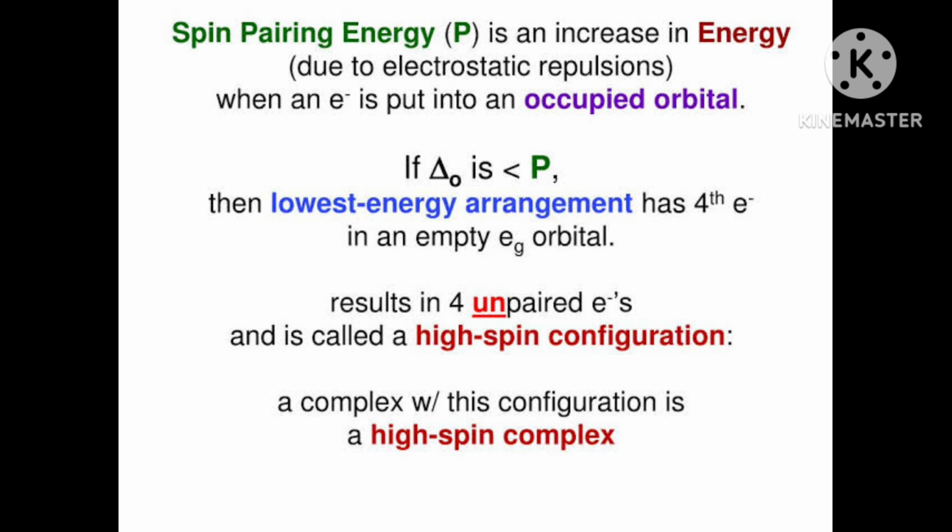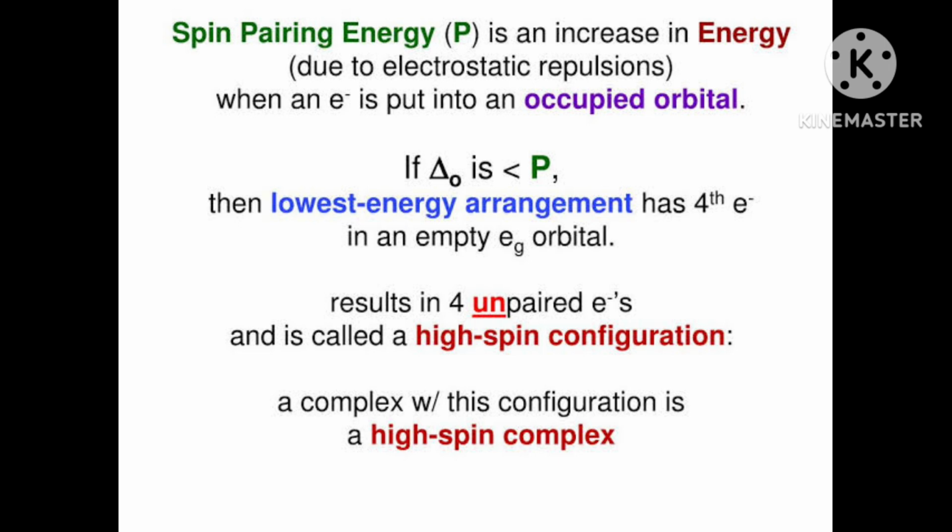It will be less than 0.5. So this is the relation, and 4/9 you just have to remember: delta T is equal to 4/9 into delta O. Consequently, the orbital splitting energies are not sufficiently large.